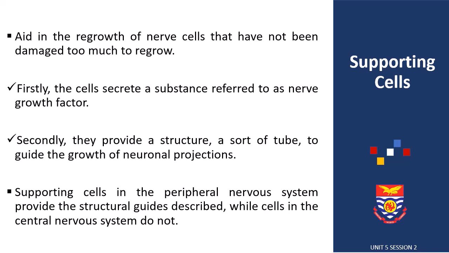The supporting cells in the peripheral nervous system provide the structural guides, whilst those in the central nervous system do not. As a result, damaged peripheral nervous system neurons are more likely to regrow after damage than central nervous system cells.